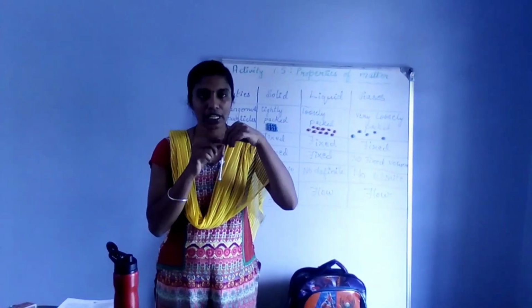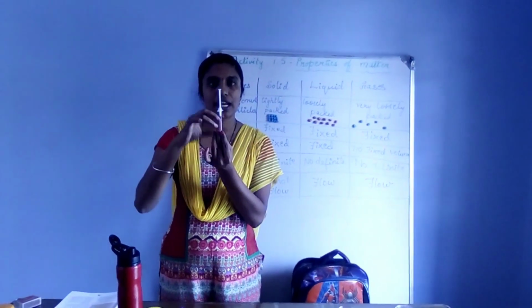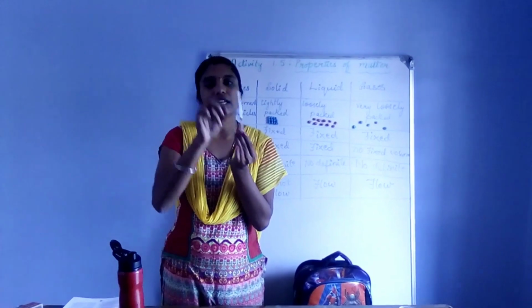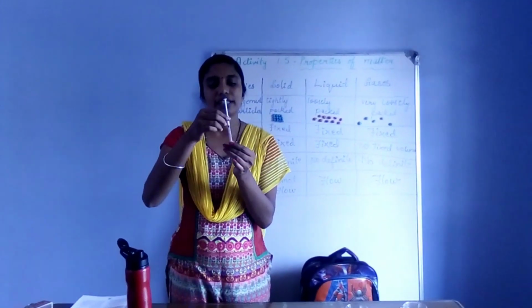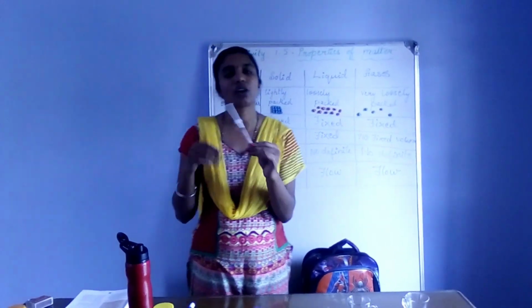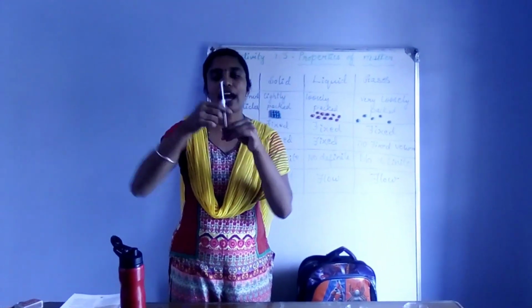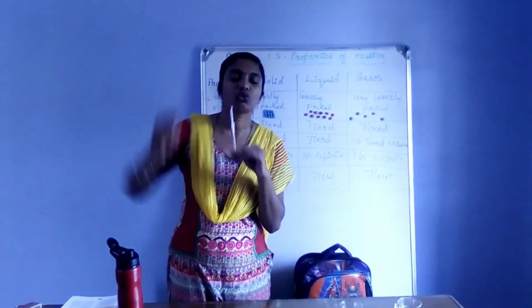Then remove that sand and put water in it and try to apply pressure on it, and see the initial value and the final value. Then, for gas, spill the water off and hold the knob of the syringe tightly and try to apply pressure through the piston.